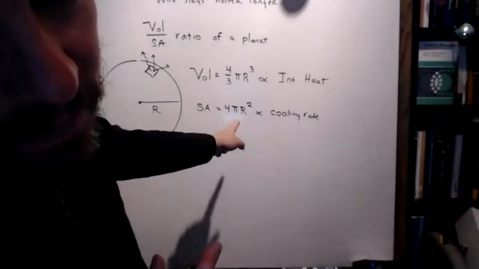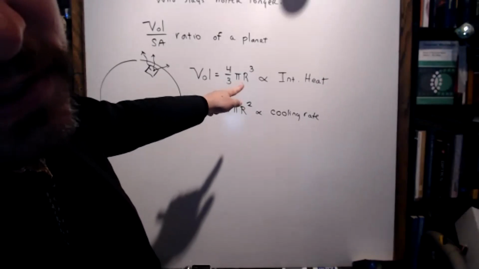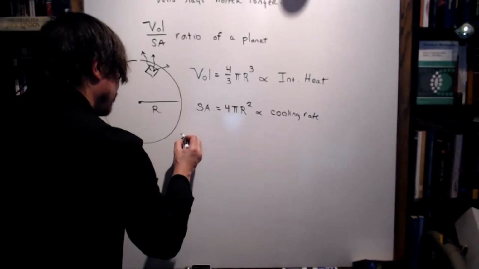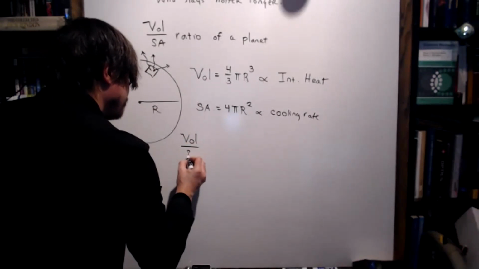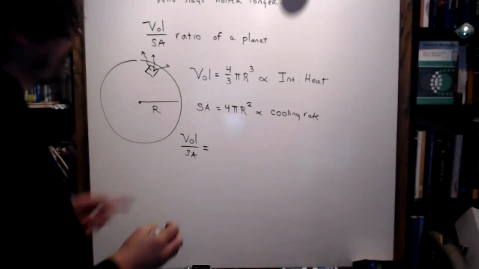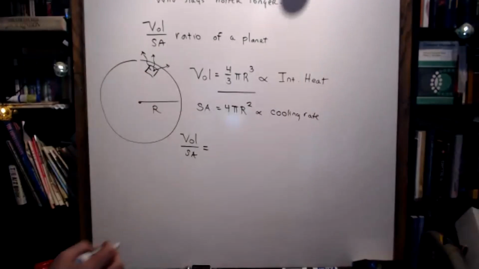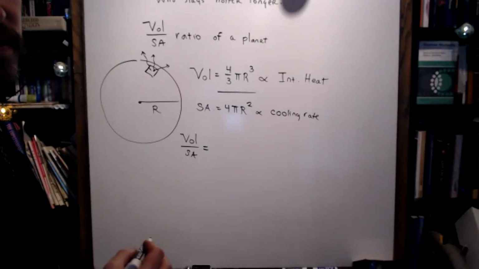Because at first it looks like a bigger planet will cool more, and at first it looks like a bigger planet will hold more heat. But once we take the ratio, we discover something. Can you guys see which terms will cancel if I divide these by each other?